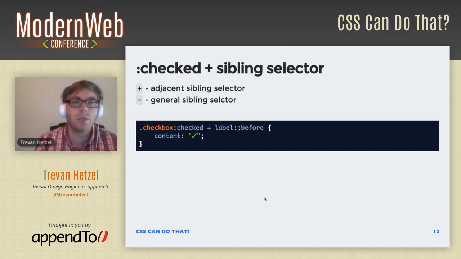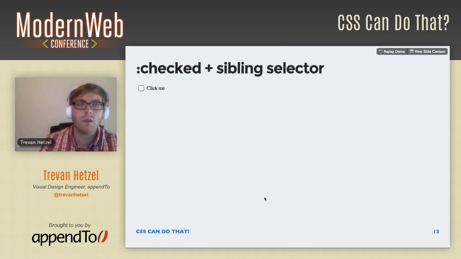So when the checkbox is checked, we can select the adjacent sibling, which is the label, and then select the pseudo element of before, and we're just going to change the content. And we'll just use a basic HTML checkmark entity. But doing so gives us this. So we now have a functioning custom checkbox. So it's that simple to create custom checkboxes with CSS.